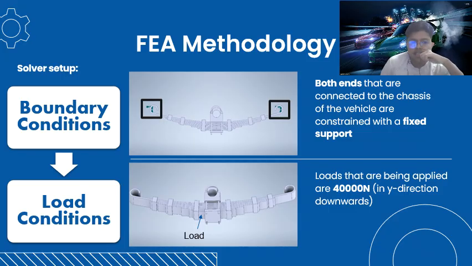This prevents any translation or rotation during simulation, reflecting actual mounting conditions on a vehicle. Next is load conditions. To mimic real-life loading, an upward force of 40,000 Newton was applied at the center bottom of the leaf spring, simulating the reaction force from the vehicle axle. This setup enables accurate evaluation of stress and deflection under typical operational conditions.